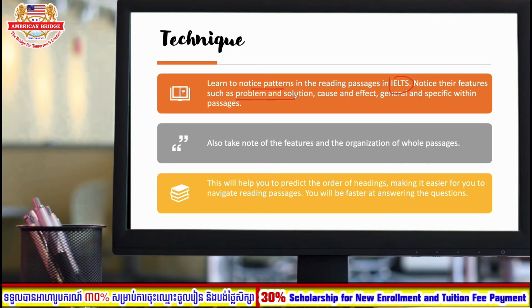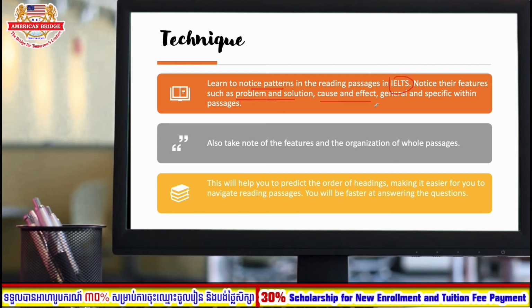So in some paragraphs, they start with the problem, and then another paragraph follows with the solutions. Or in another type of reading, the first paragraph talks about the cause and then the effects, general and specific within the passage, right? So these are the patterns that you may need to pay attention to.